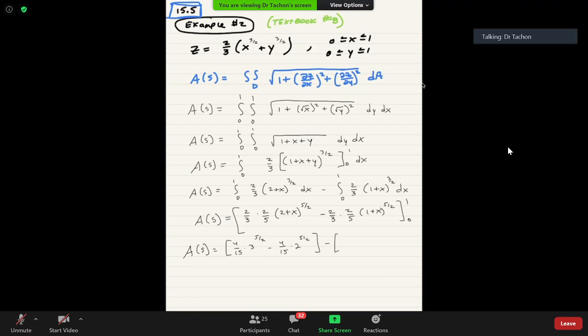Plug in the lower bound, you get 4/15 times 2 to the 5/2 minus 4/15 times 1 to the 5/2.